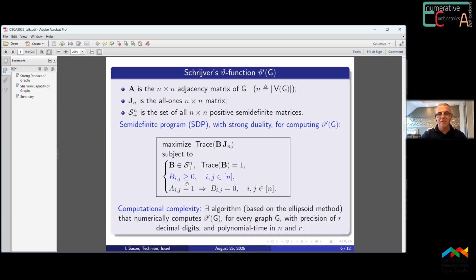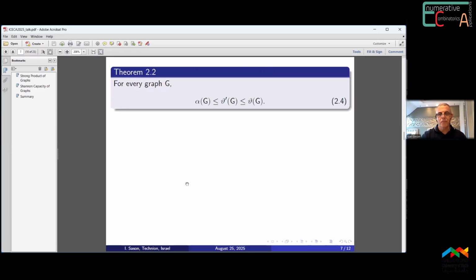And the nice thing is that it turns out to be an upper bound on the independence number of a graph, which is sometimes strictly better than the Lovász theta function. You know that the independence number of a graph in general is NP-hard to compute. So having a quantity that is polynomial-time computable in the number of vertices is very useful.